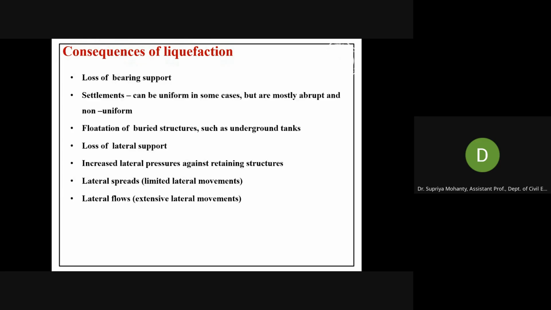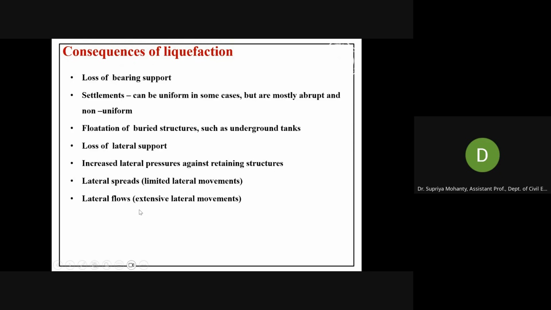If the focus is close to the retaining structures, then lateral spreading and lateral flow. The difference between lateral spread and lateral flow is, if you have limited deformation, then that is lateral spreading, and if you have excessive deformation in horizontal direction, that is called lateral flow.